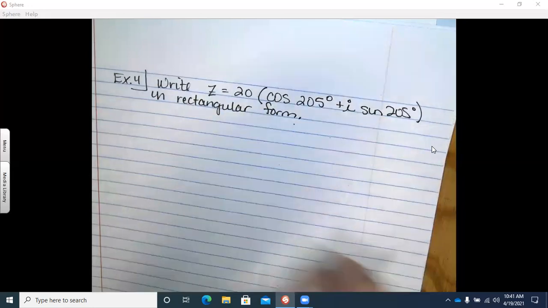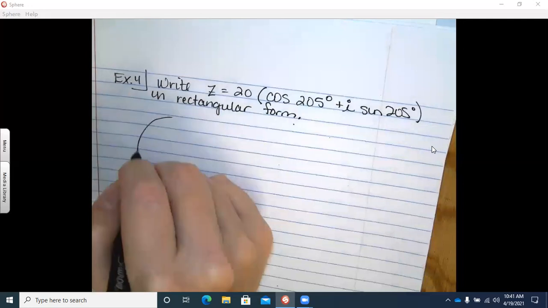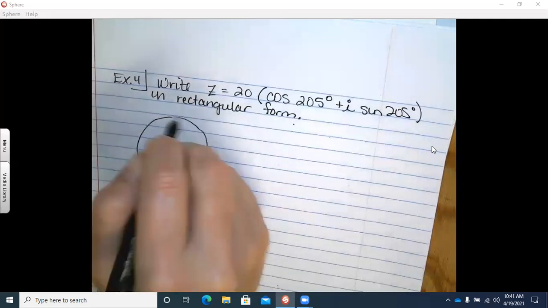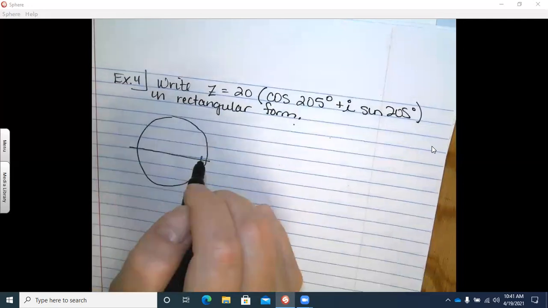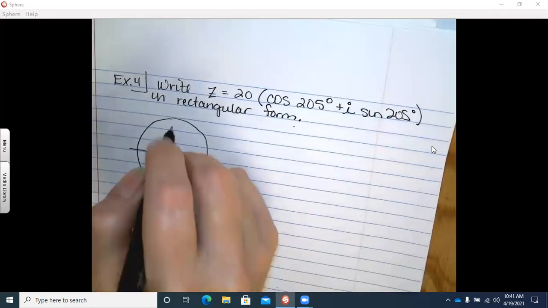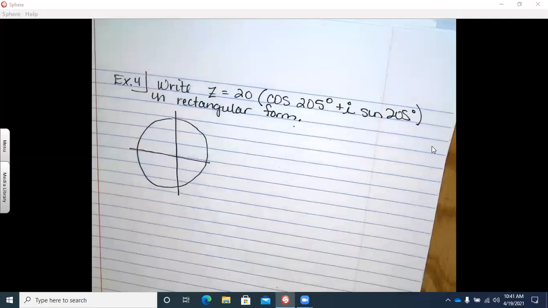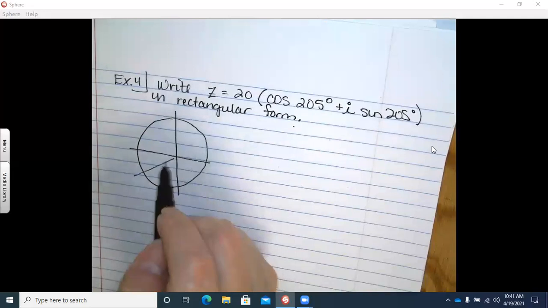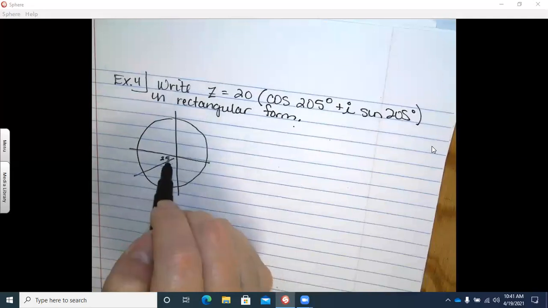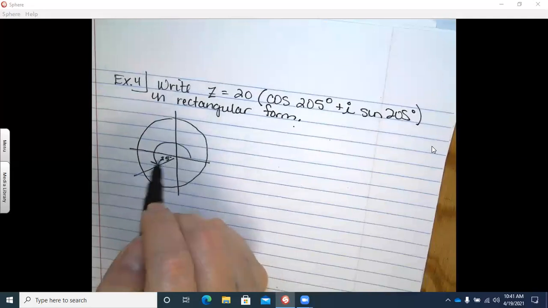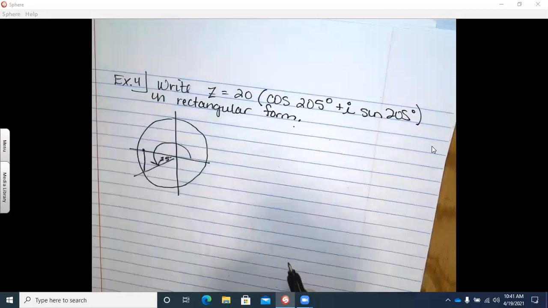All right, what quadrant would 205 degrees be in? The third quadrant. How far past 180 will I go? 25 degrees, right? Is that going to be an angle that's found in the unit circle?